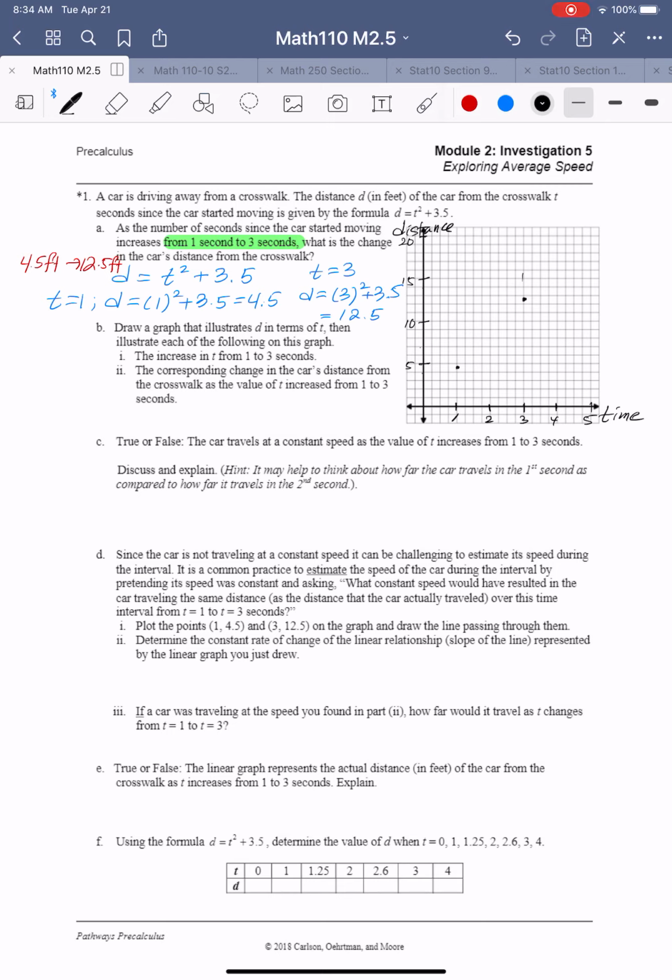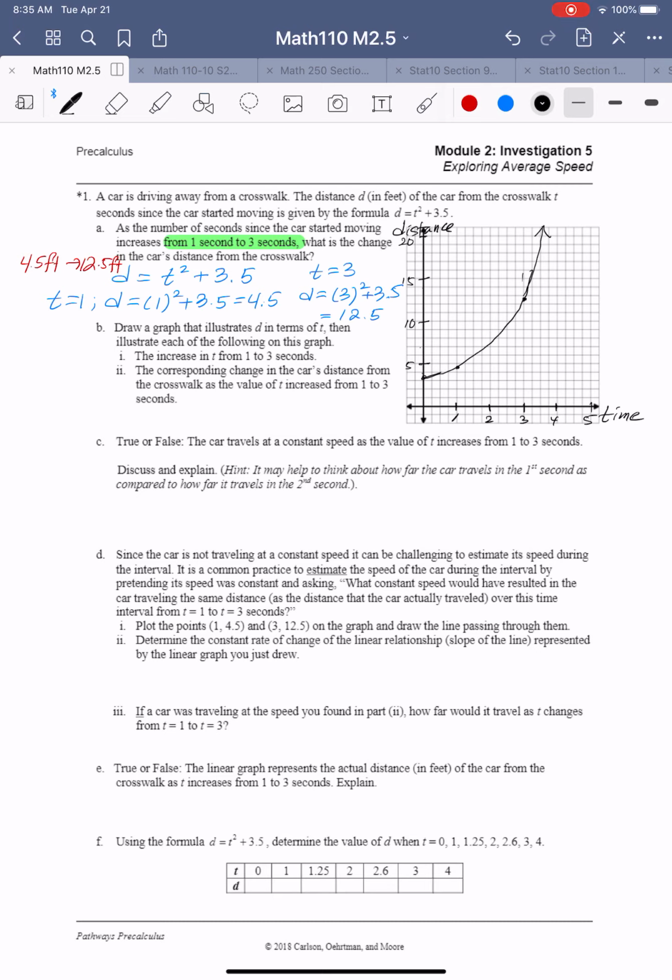We just draw the graph, but at 0 seconds it's already 3.5, so 3.5 is here. Your graph goes as a curve, if you follow the direction of the points.